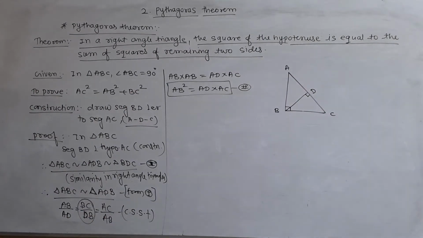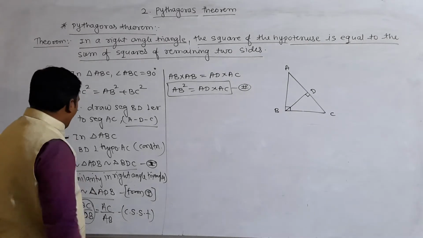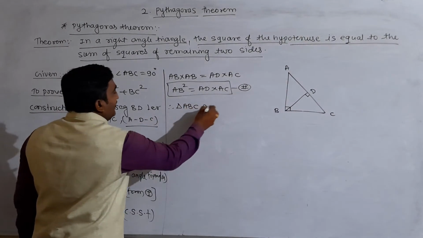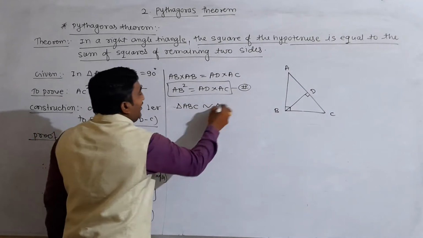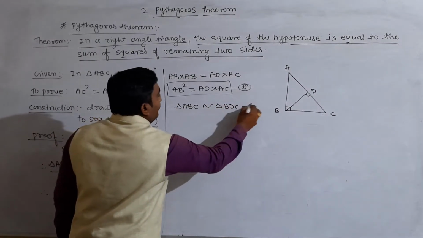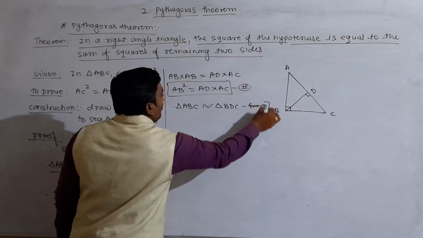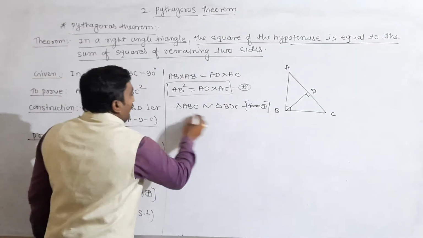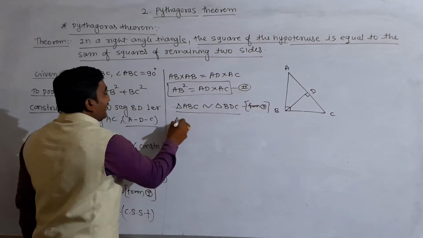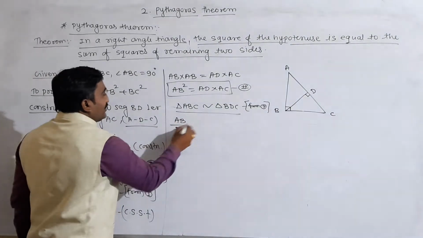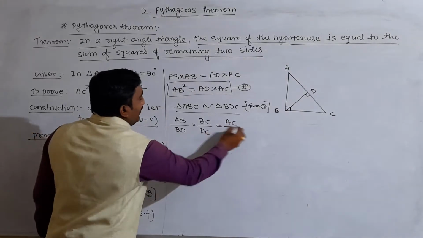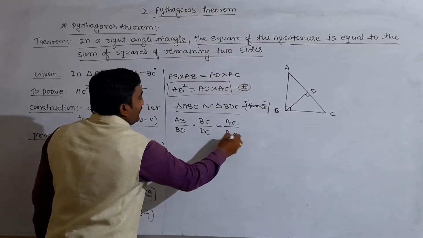Then from equation first we can write triangle ABC is similar to triangle BDC. When two triangles are similar, then their corresponding sides are in proportion. BC divided by DC is equal to AC divided by BC.